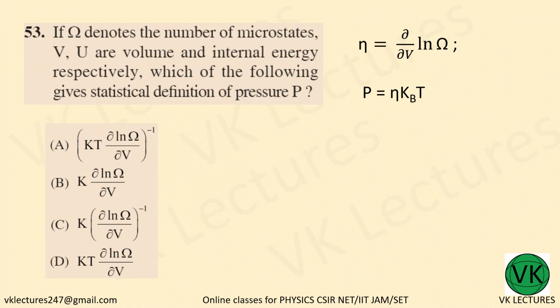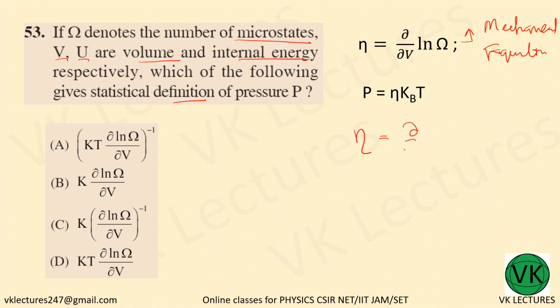If omega denotes number of microstates and V and U are volume and internal energy, then which of the following gives statistical definition of pressure? Now we have already discussed eta. So what will it give? It will give the mechanical equilibrium. Mechanical equilibrium eta equal to dou by dou V of log omega. Now you can substitute for eta. What is eta from this equation?